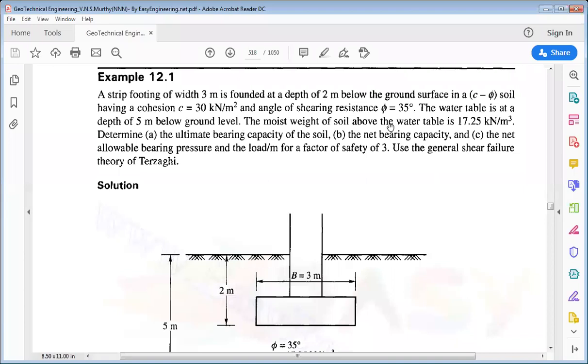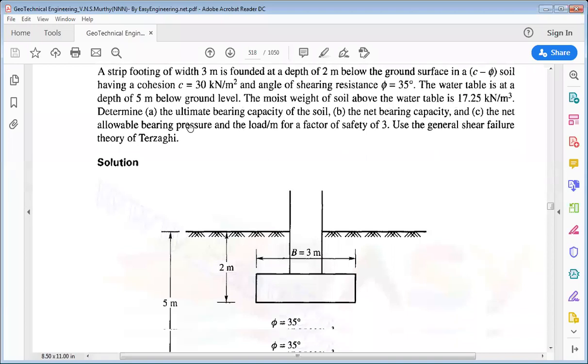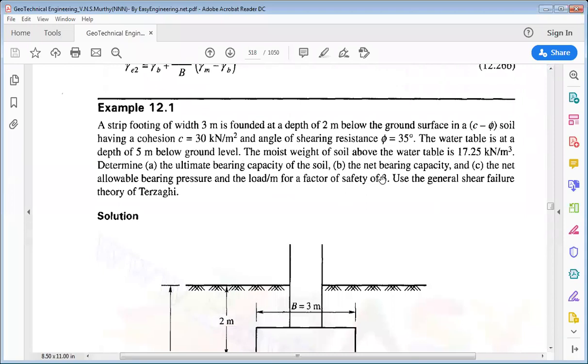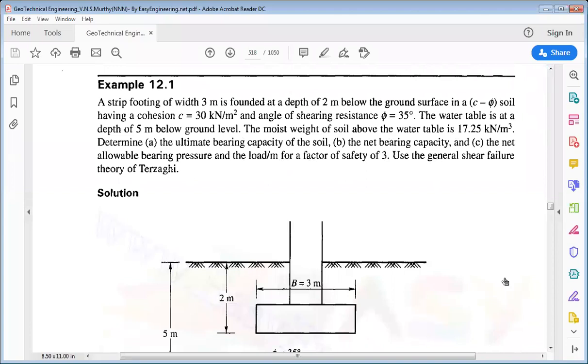The moist weight of the soil above the water table is 17.25 kilonewton per meter cube. Determine A, the ultimate bearing capacity of the soil, B, the net bearing capacity, and C, the net allowable bearing pressure and load per unit meter for a factor of safety of 3. Use the general shear failure theory of Terzaghi.